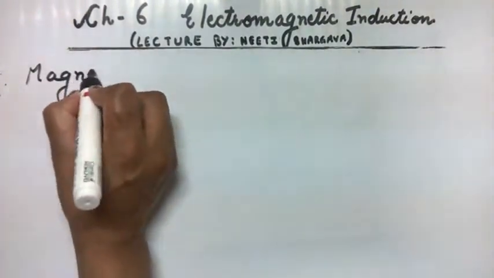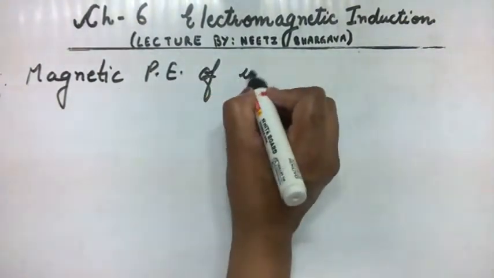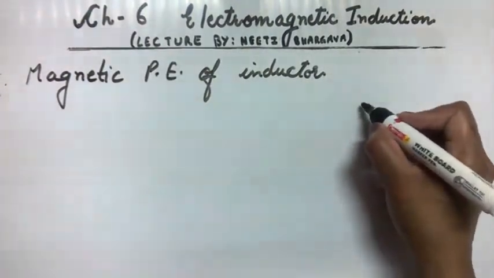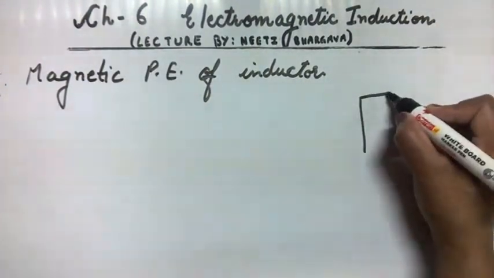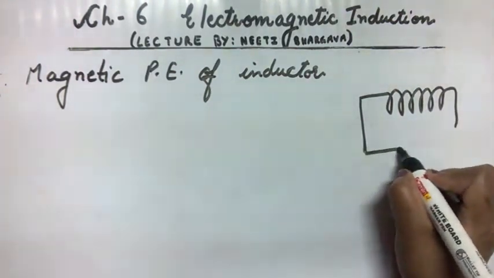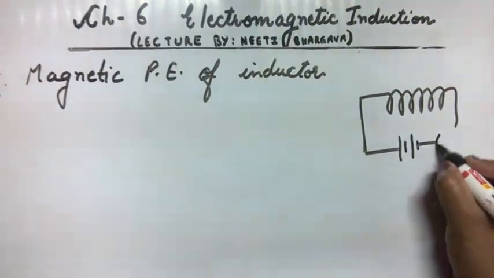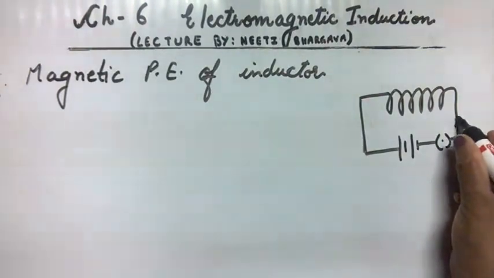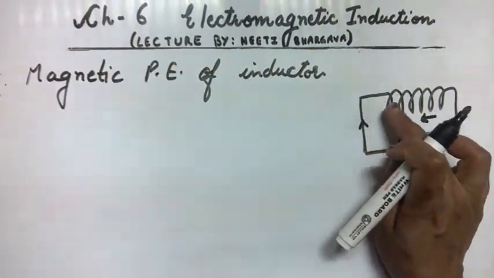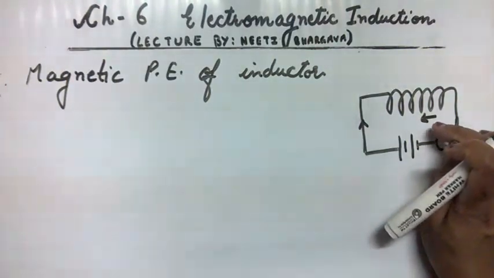Magnetostatic or magnetic potential energy of an inductor. Consider an inductor which is only connected in a circuit with a battery, and because of the change in current there is an induced EMF, and because of the induced EMF it will oppose the flow or the passing of current through this inductor, as it follows Lenz's law.